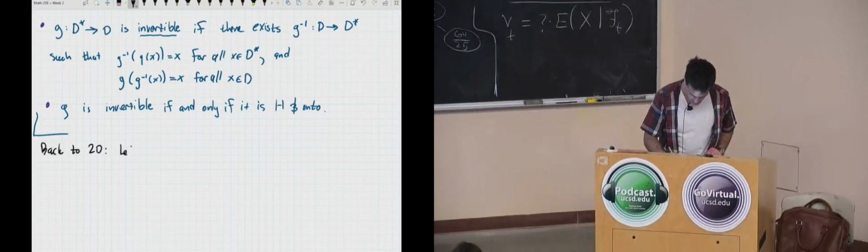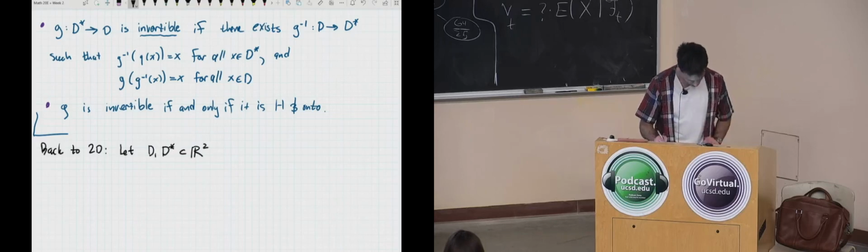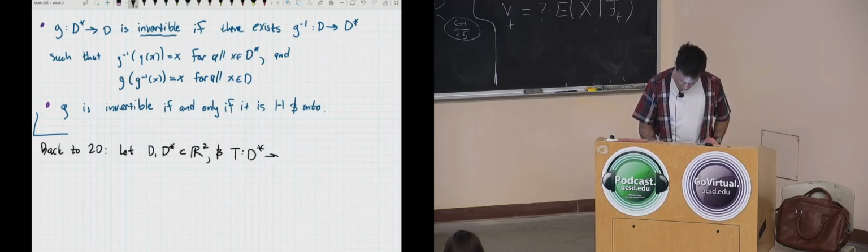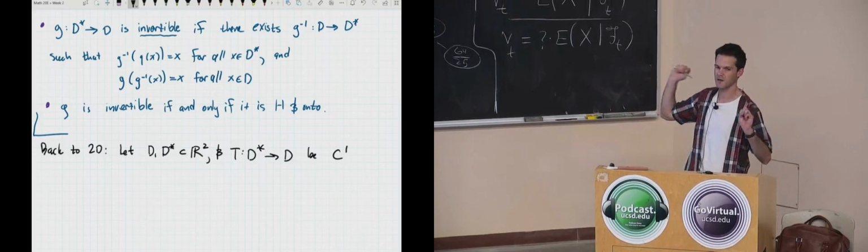So let's let D and D star now be subsets of the plane, and T, some map from D star to D, be C1. Remember, that means continuously differentiable.